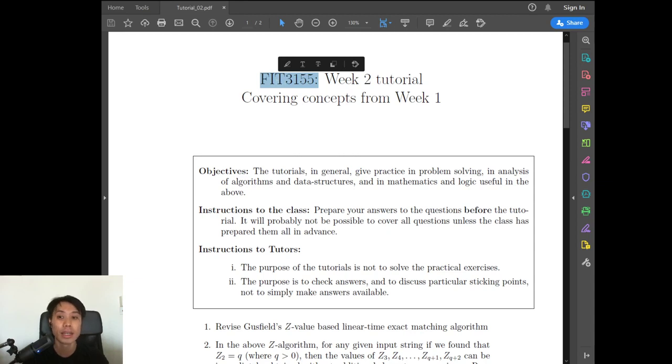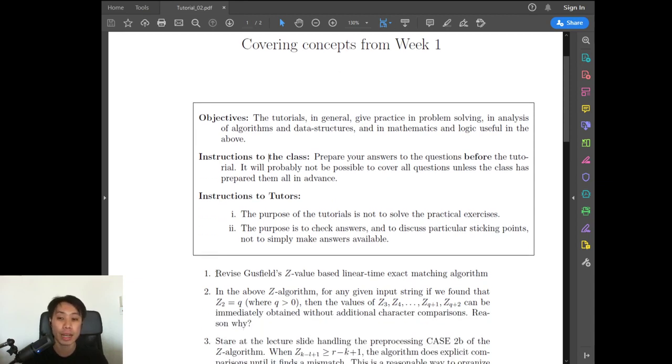But from time to time, I will provide a revision of an algorithm which you have learned from your lectures. Most of your tutorial questions begin with a revision of what you have learned in the lectures of the week before. And hopefully I will be able to clear up some of your doubts and concerns.